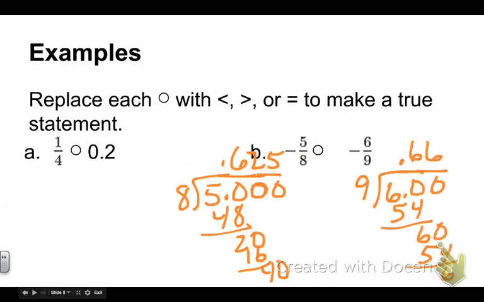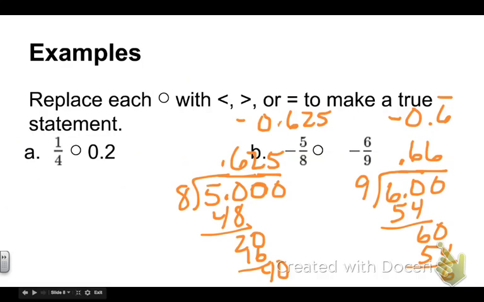So I've got negative 0.625. Told you those negatives are not going away. And I've got negative 0.6 repeating. Again, this 0.6 repeating is that 0.66666, and it keeps on going forever and ever.